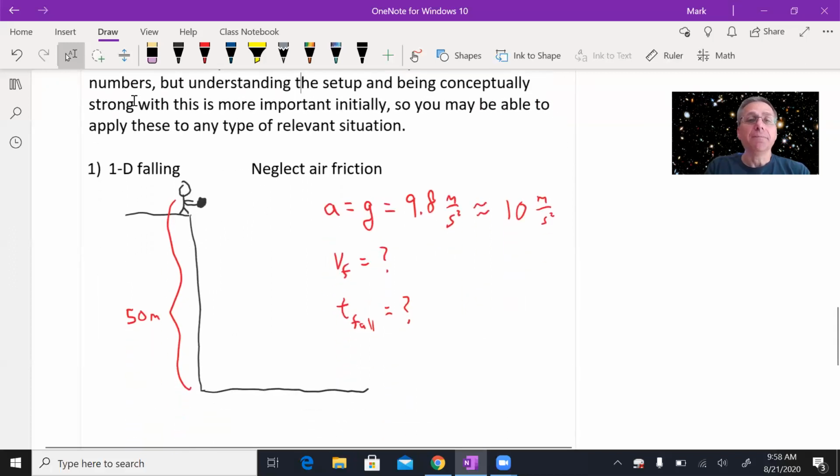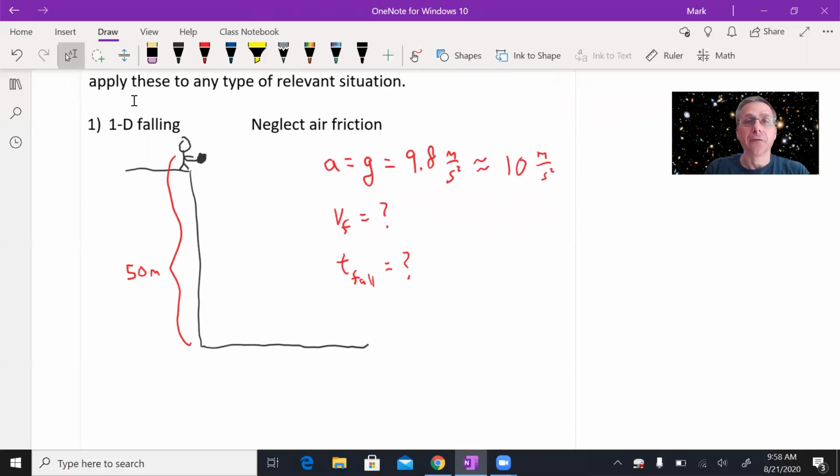So usually, but for me at least, I tend to choose the lowest point in the problem as my zero position. So maybe this might be my zero height down at the ground. Okay, and so if we think of that distance equation, your final position is the zero.